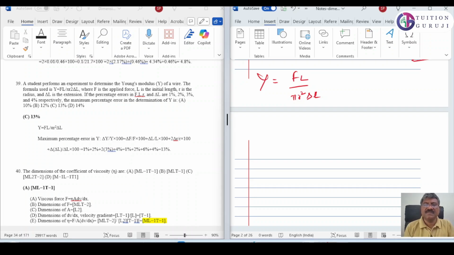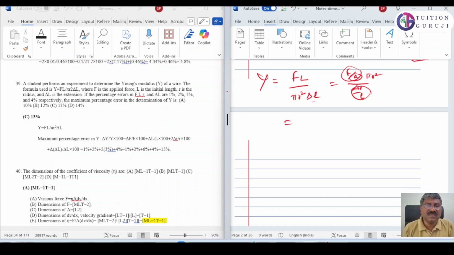So this is force, length, by small change. Actually it is stress by strain. Stress is F by A, divided by strain. Strain is delta L by L. And F by A is pi R squared. This is how it will come.